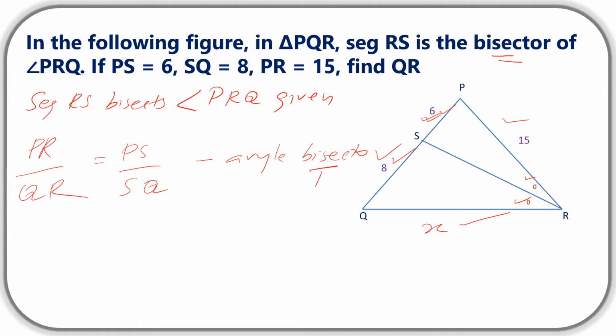In this, PR is given as 15, QR is not given, that is what is asked, is equal to PS given as 6 and SQ given as 8. You can solve it and you will get the answer 20. Understood? This way we will apply the theorem to solve the situation.